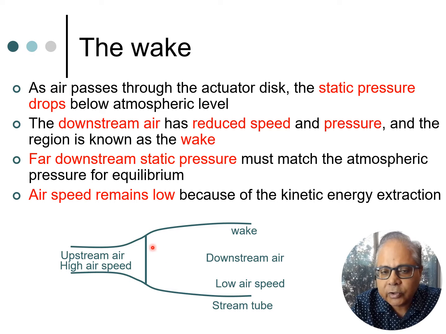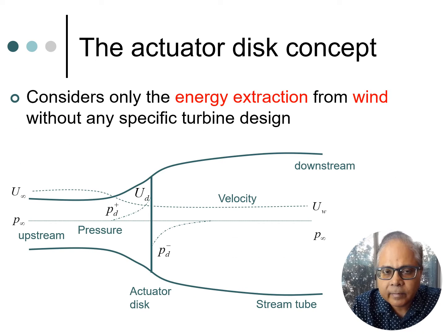Essentially the air is going to cause rotation of this rotor, and therefore some of the energy is going to get extracted, and once the energy is extracted, the air will slow down. So high airspeed will be there in front of the rotor disc and low airspeed will be there behind the rotor disc.